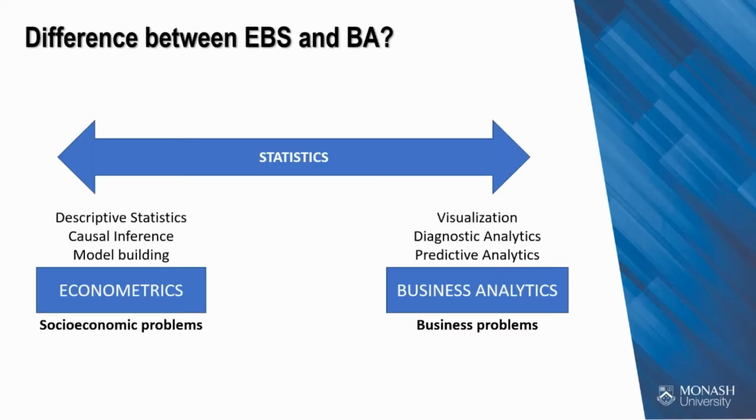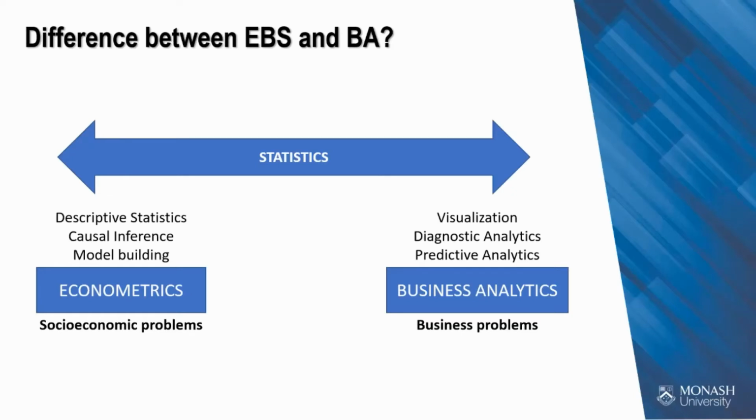Now a very common question is what is the difference between EBS, econometrics, and business analytics. We'll first look at econometrics. Econometrics typically looks at socio-economic problems, and you basically look at descriptive statistics.